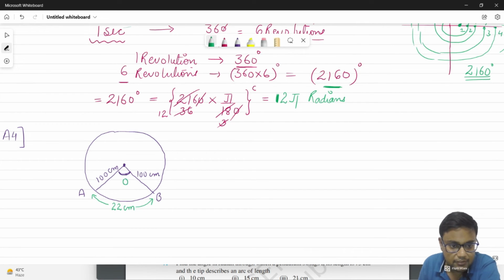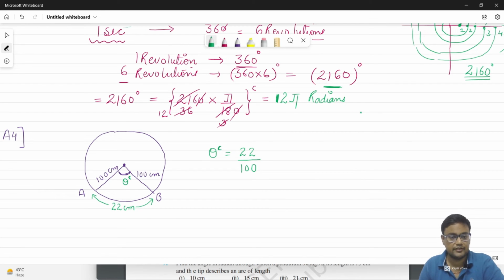First of all, let us say the angle subtended at the center is theta radians. I have used a small c. So we know from the first lecture of this chapter that radian is a ratio between the length of the arc and what? The radius of the circle.